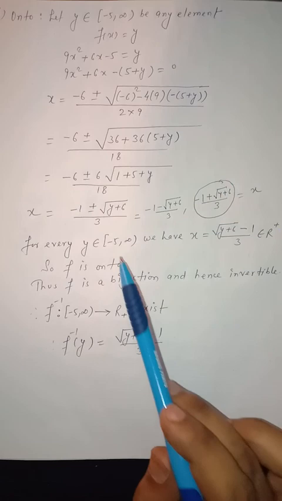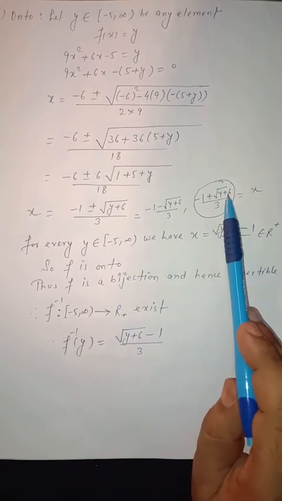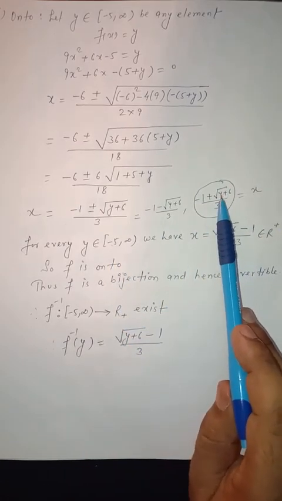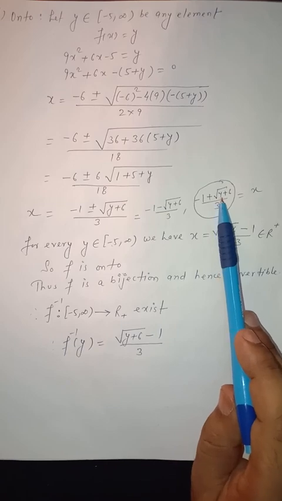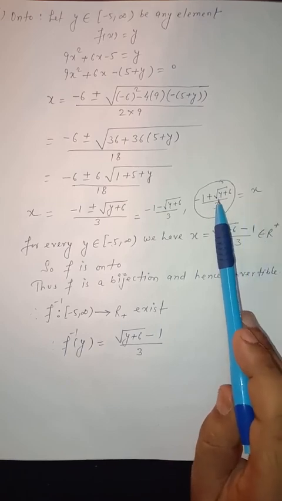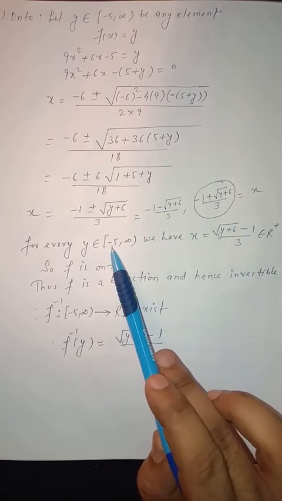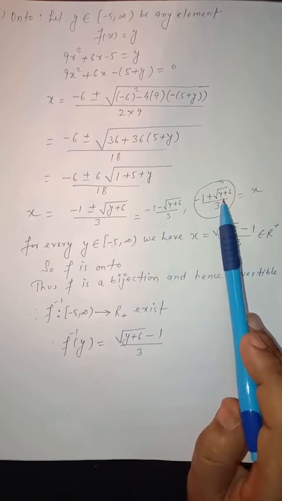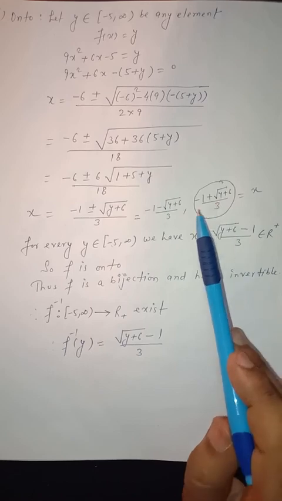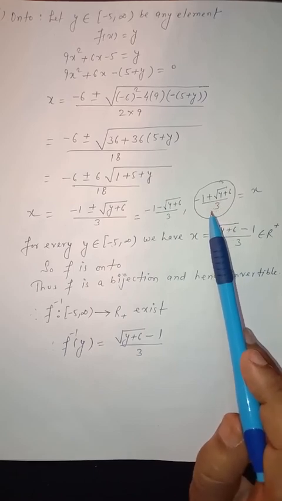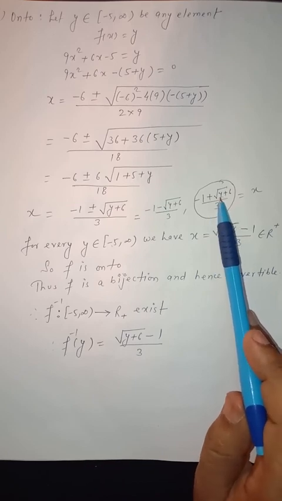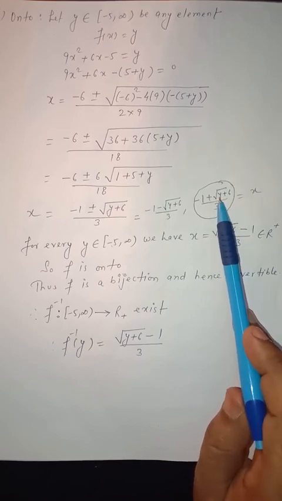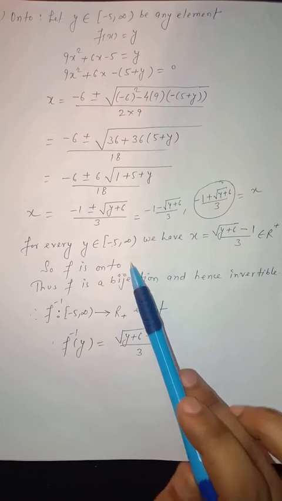When we take y equal to minus 5, we will get 0. It means this x is real when y is minus 5. If we are taking a value, say minus 4, again it is defined.